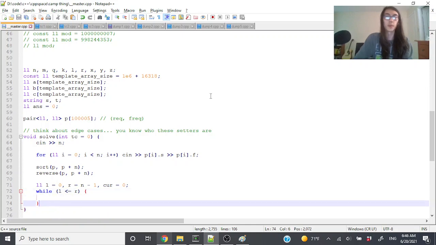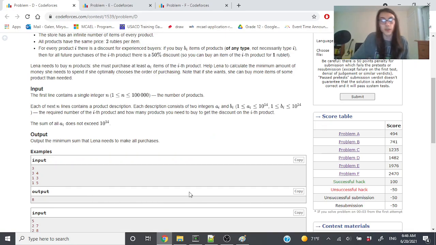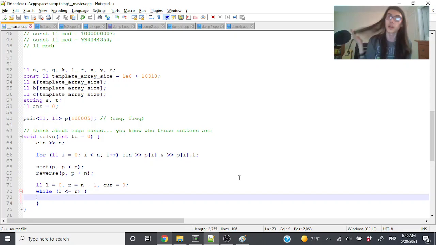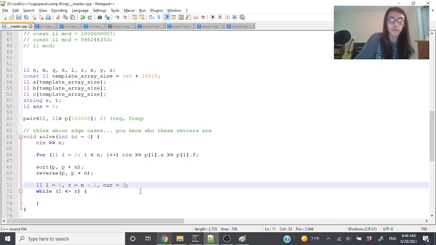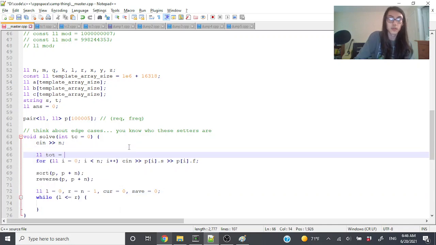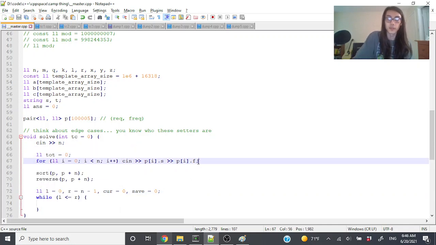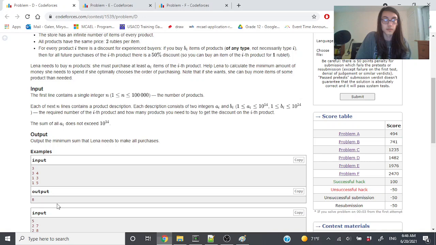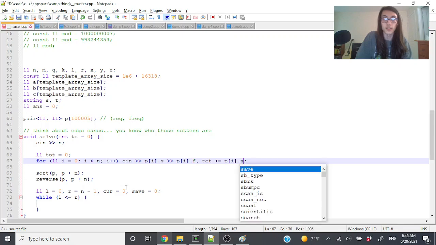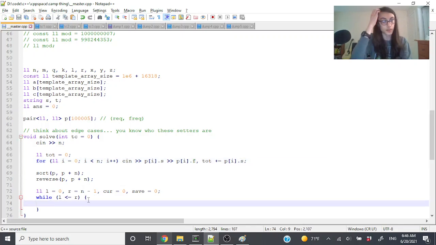So essentially we're doing 2 pointers. And we're either going to buy from the beginning or from the end, and so we're sorting in decreasing order of requirement, and then from the end, if we have enough, we'll buy at the discount. Save. And then we'll subtract the amount we save, plus equals pi.f. No, pi.s frequency. Yeah.